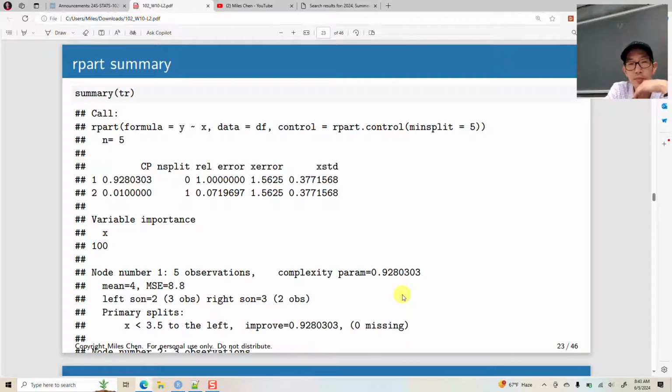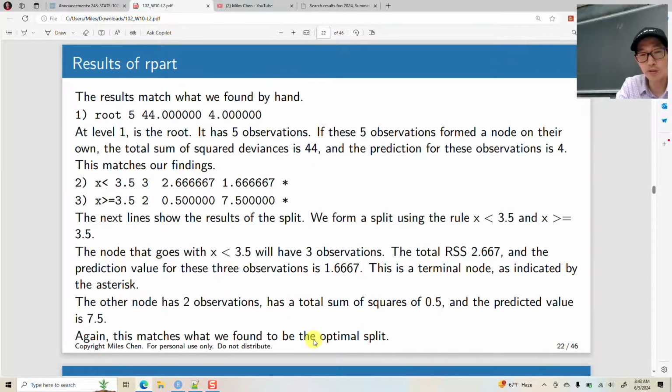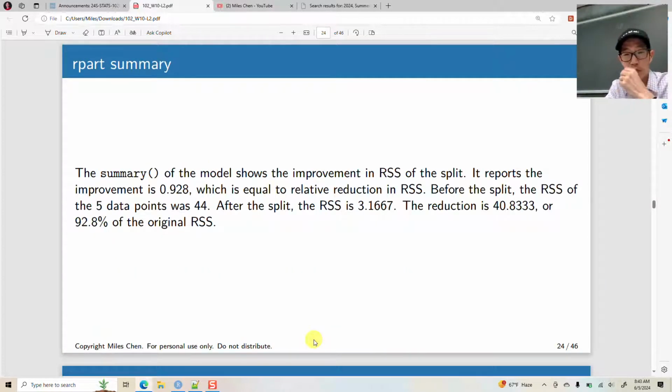You can also call summary on the rpart object, and you get an improvement here. Here it says improvement of 0.9280303. What that means is, that number comes from before we did any split.